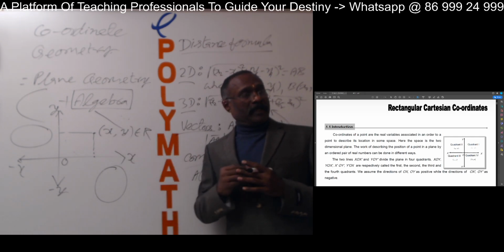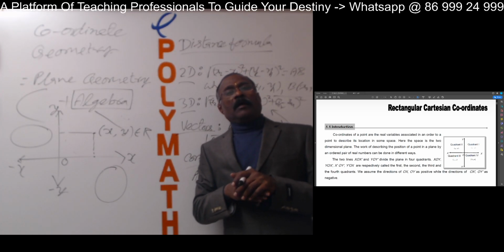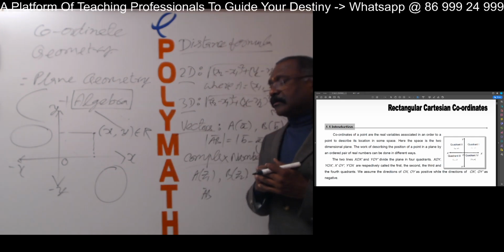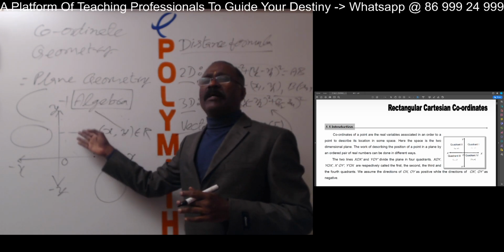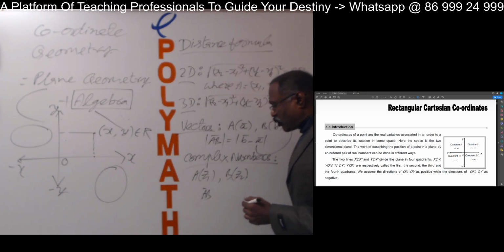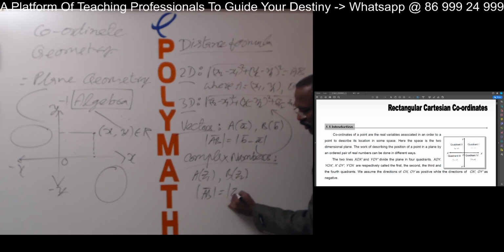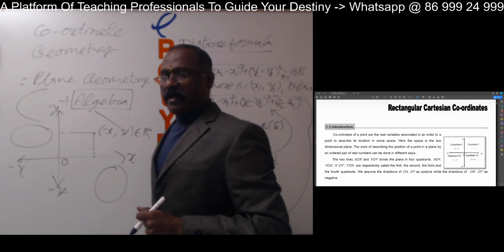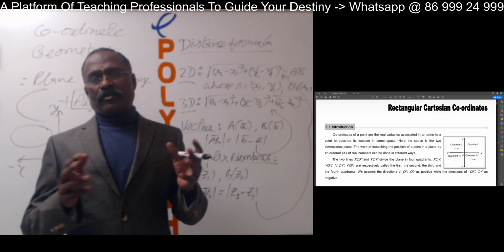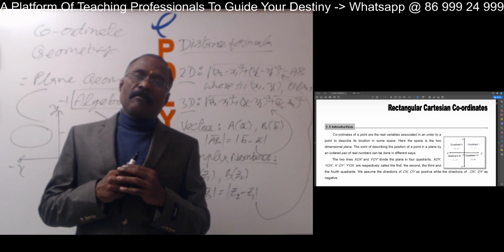This is the Cartesian plane, with real x-axis and real y-axis, but in complex numbers you will have the complex plane, in which this is the real axis and this is the imaginary axis. But there also the distance is simply denoted by modulus of z2 minus z1. Again it leads to this formula only, root over (x2 minus x1) whole square plus (y2 minus y1) whole square. So this is what you have to understand with regard to the distance formula.